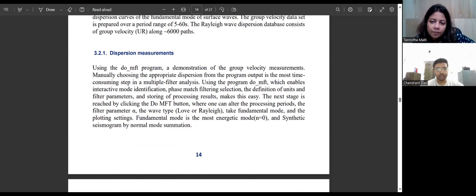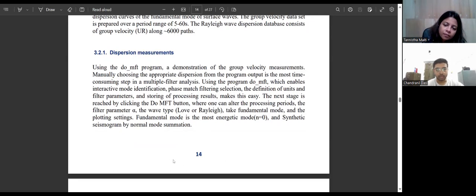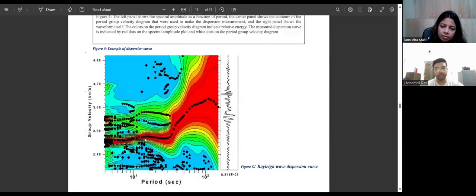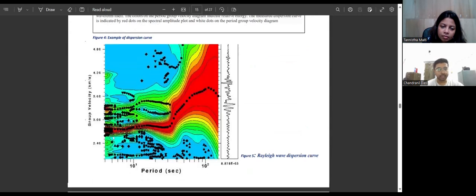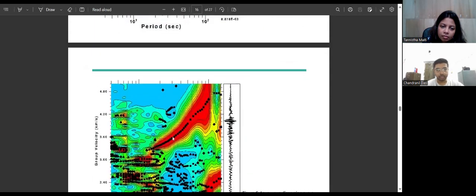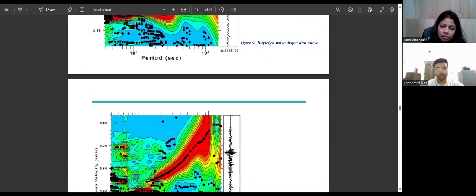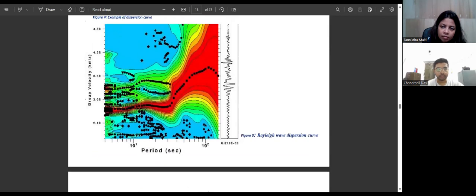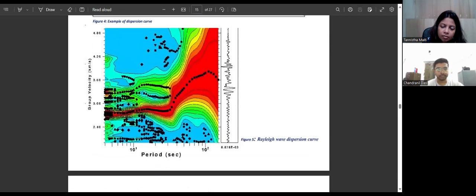It produces this particular color map, where we need to pick these points, where for the Rayleigh waves it should be less than 4 kilometers per second, and for the Love waves it can extend way beyond 4 kilometers per second. It's basically coming from the theoretical portion, where we consider it as a graph.